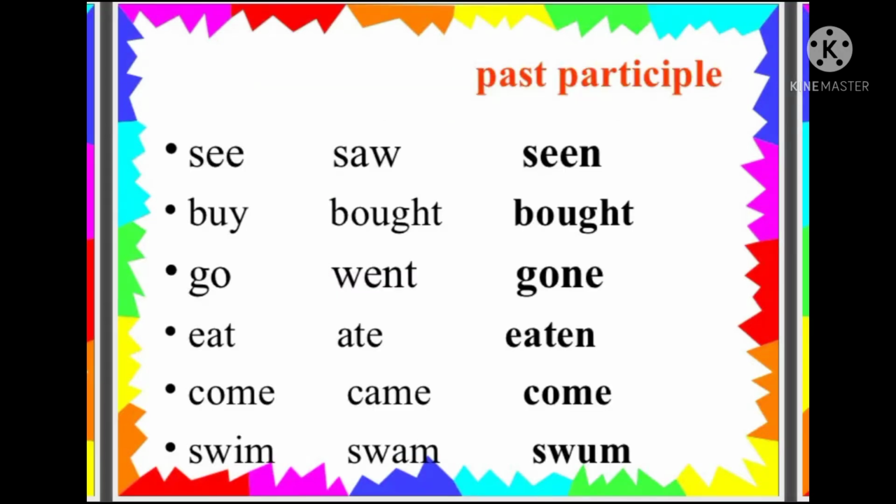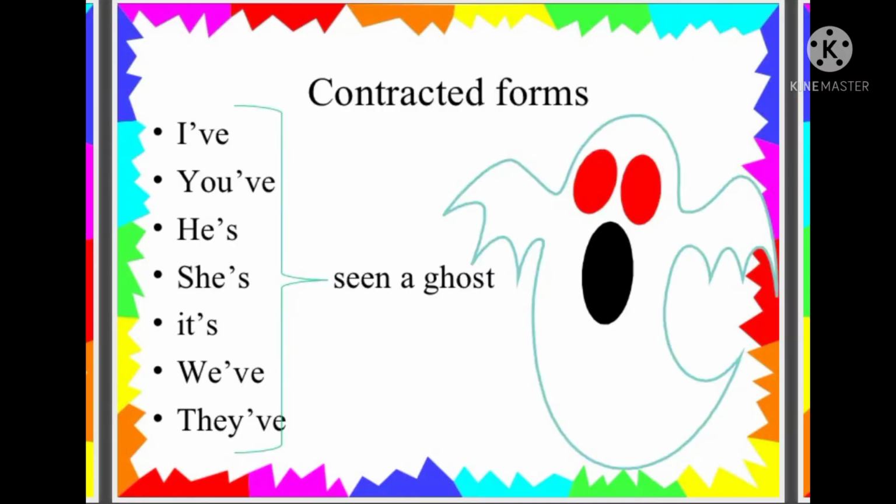Given here are some of the V3 forms of verbs. Three forms are given here: see, saw, seen. So in perfect tenses we use the third form, that is seen, bought, gone, eaten, come, swum, etc. Look at the slide. The contracted or short forms of have are given here.